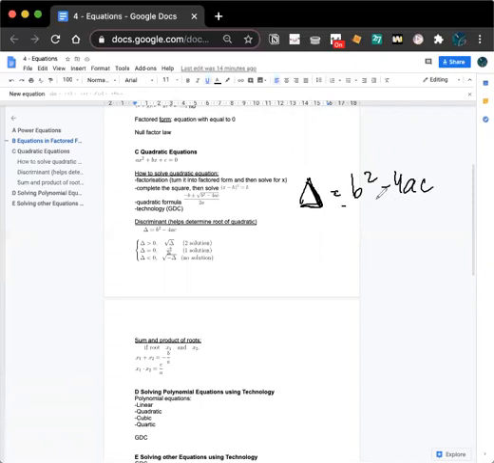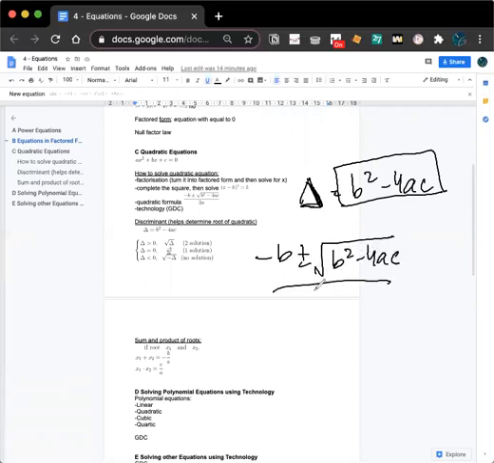And the reason why it's this is because of the quadratic formula, minus b plus or minus the square root of b squared minus 4ac, over 2a. So if you have this as a positive number, then you have a normal two-root answer because it's plus minus.